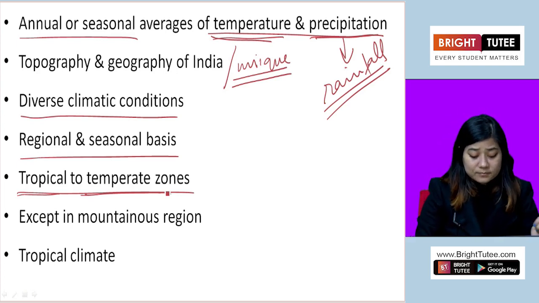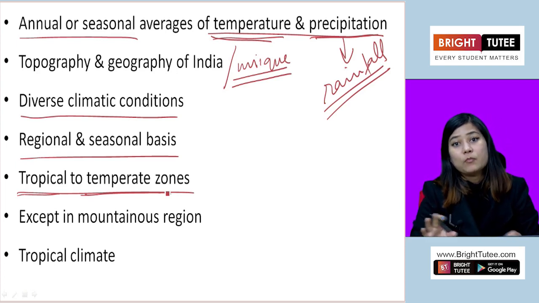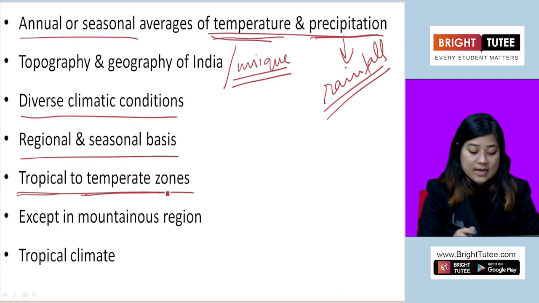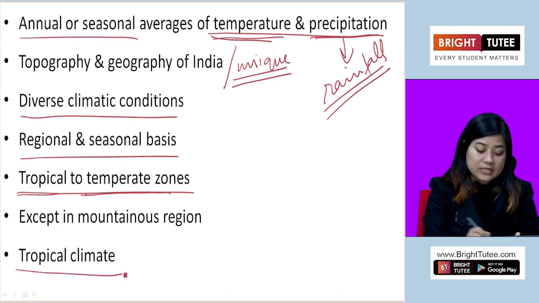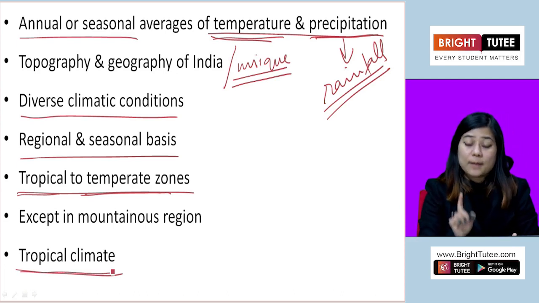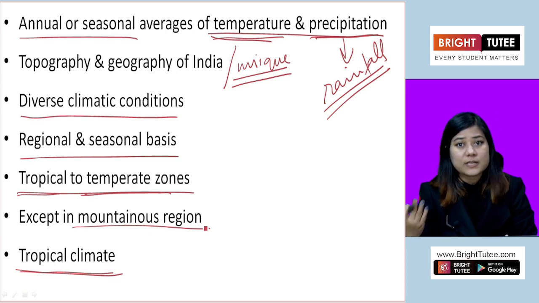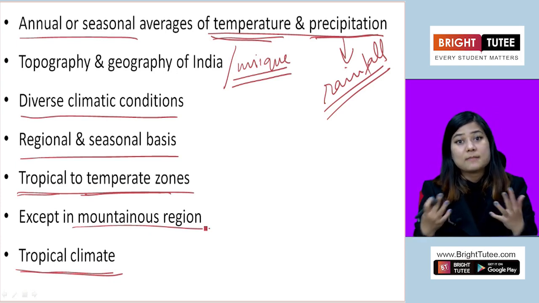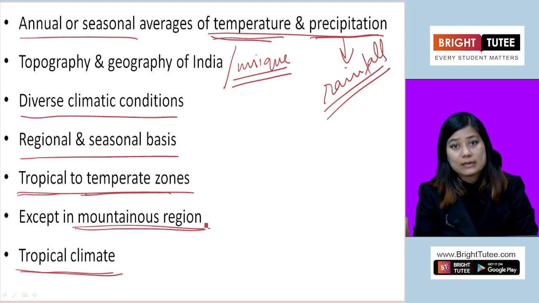So that is why most of India has a tropical climate. The climate of India is called tropical, but the mountainous region, the Great Himalayan region, does not have a tropical climate because it's a mountainous region. So that region has a cold climate.